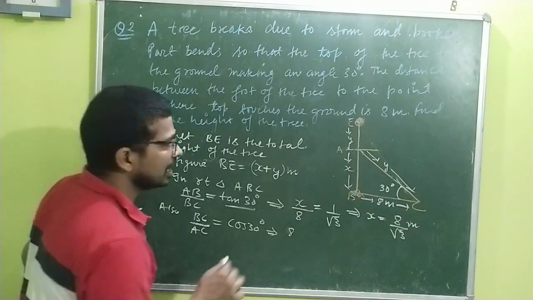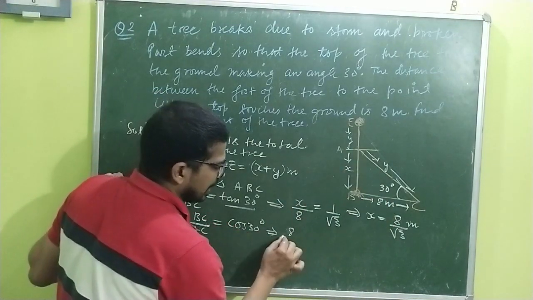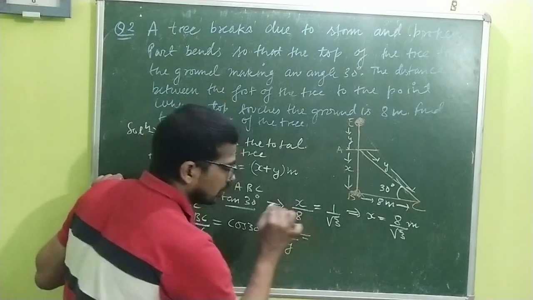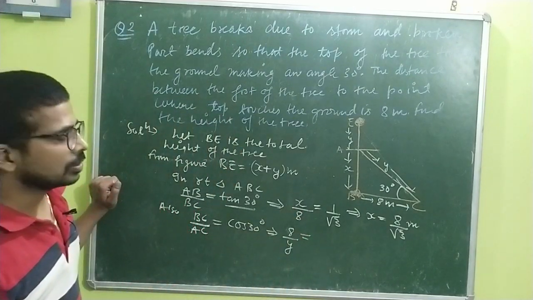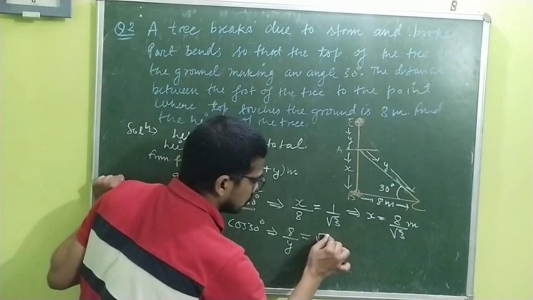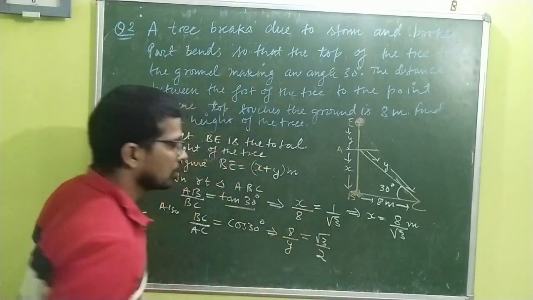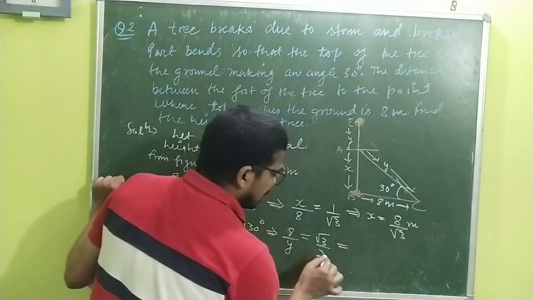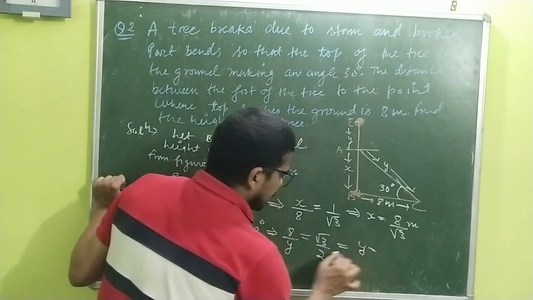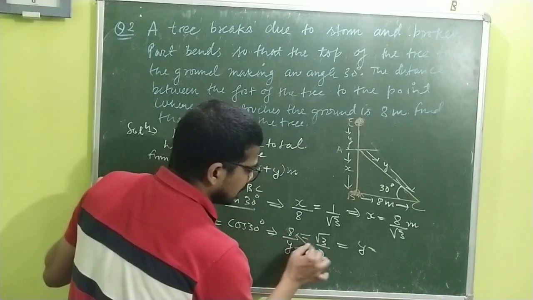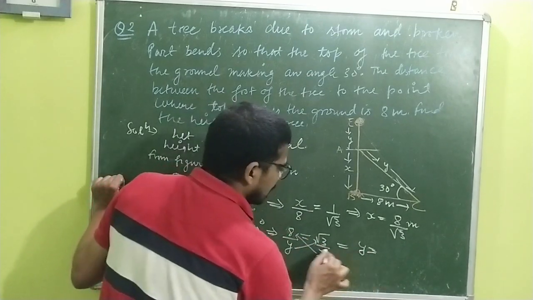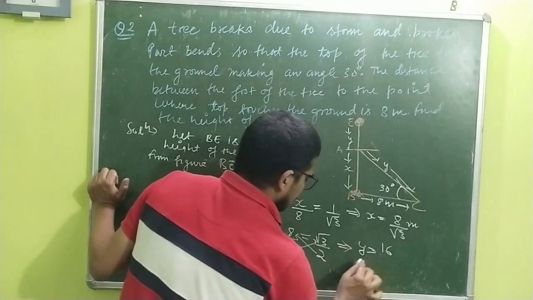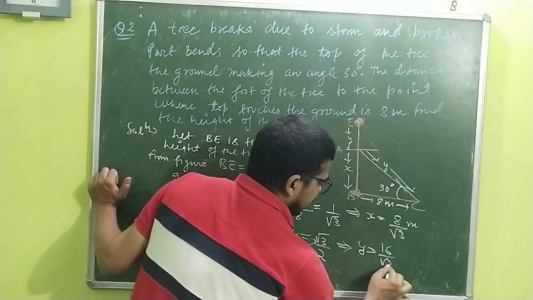What is AC here? AC I have taken as y. We know that cos 30 is equal to root 3 upon 2. So what will y be equal to? Cross multiply like this, and directly it implies that y is equal to 16 upon root 3.